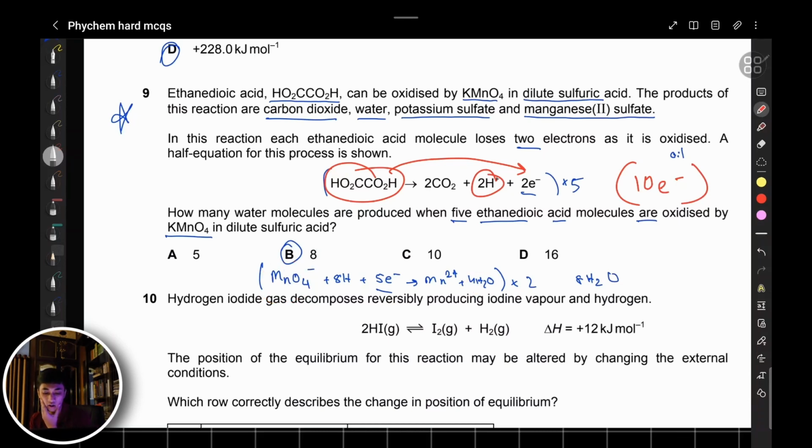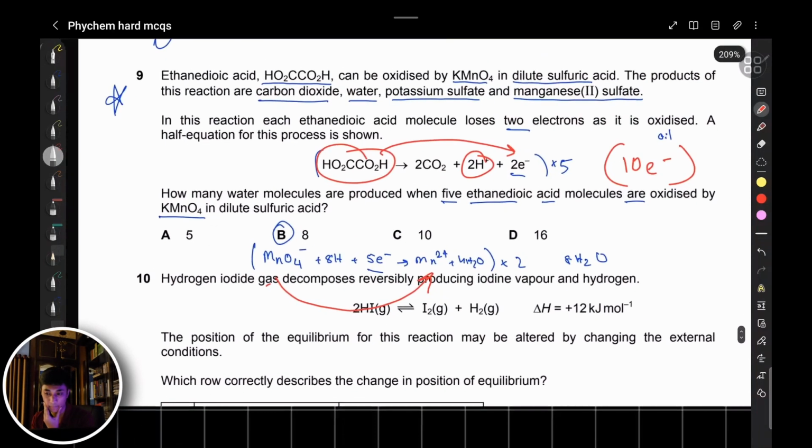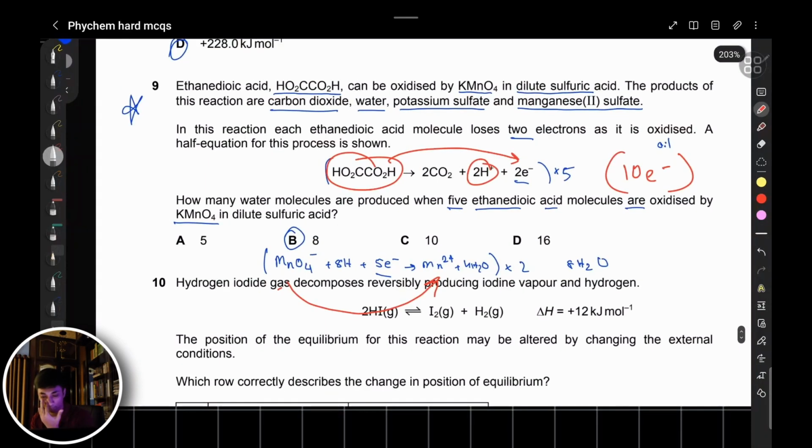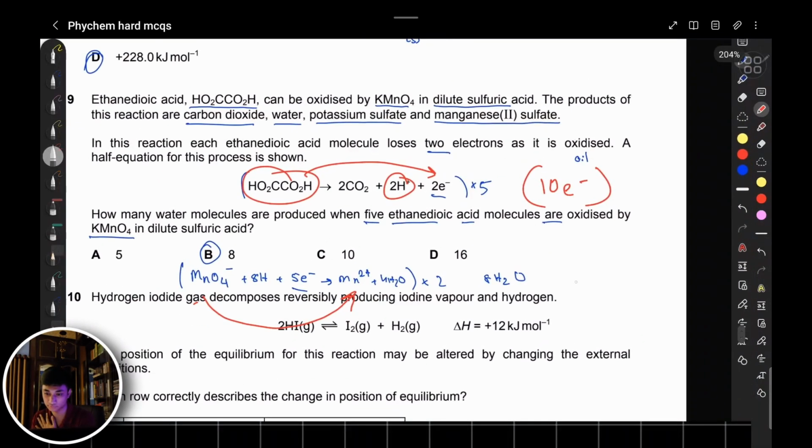Manganese will be gaining how many electrons? It's going to turn into Mn2 plus, manganese sulfate. Manganese has a charge of 2 plus, that's why Mn2 plus.